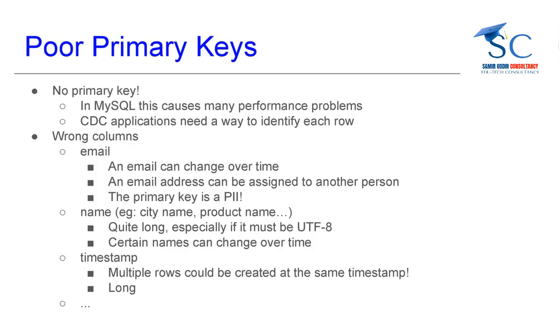Other bad examples of primary keys are, for example, the email column, because an email can change over time. Maybe you don't consider this when you choose a primary key, but actually it can happen, and it happens. Also, if you do so, the primary key will be personal information.